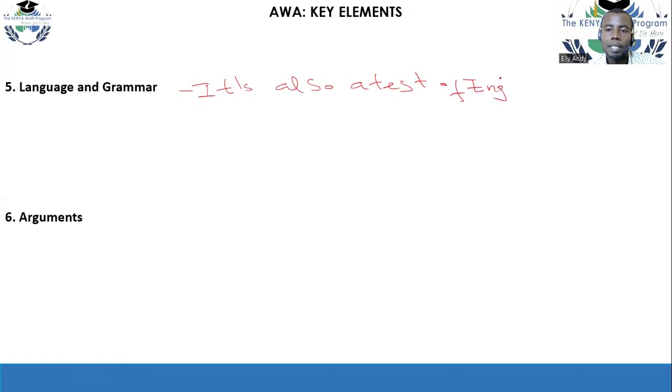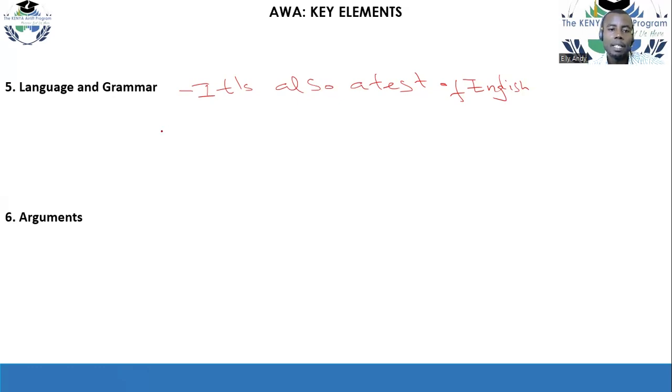And that means you must follow the standard rules of language and grammar. You must follow this. Okay, one mistake might not hurt you that much, but you'll earn a low score if your writing is full of grammatical mistakes.